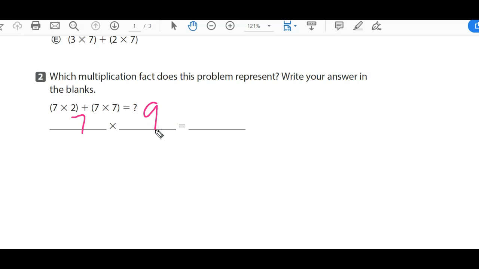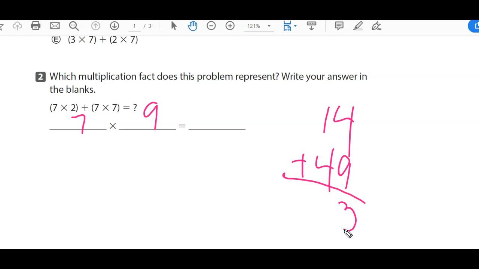Oh, that's the factor that represents. So then what's 7 times 9? If you don't know, what's 7 times 2? 14. What's 7 times 7? 49. And then add those together. 4 plus 9 is 13. Okay. Carry the 1 to the tens place. 1 plus 4 is 5, plus 1 more is 6. 63.